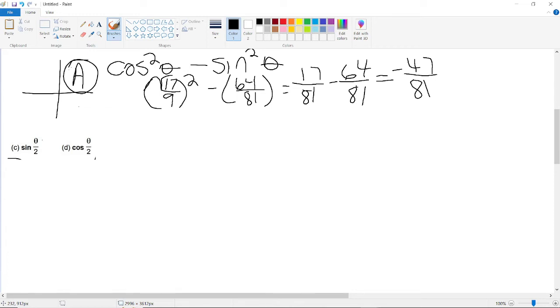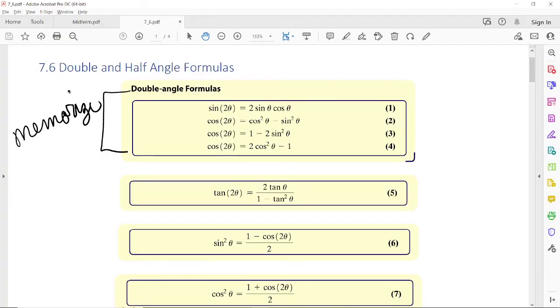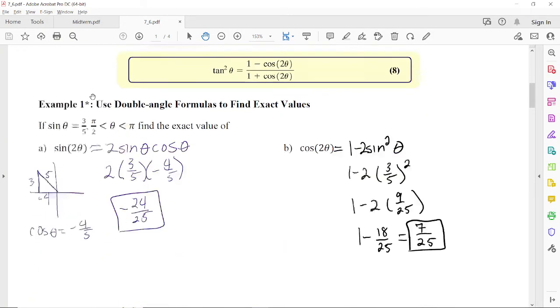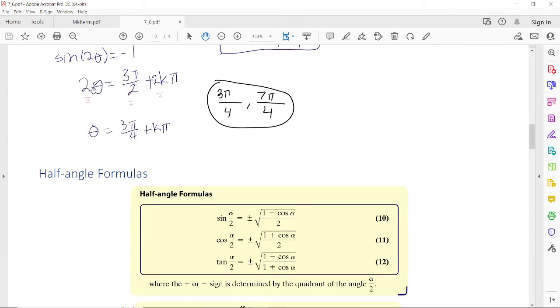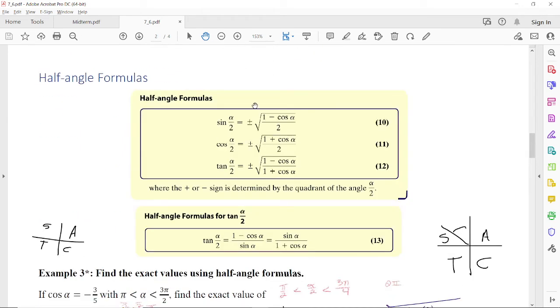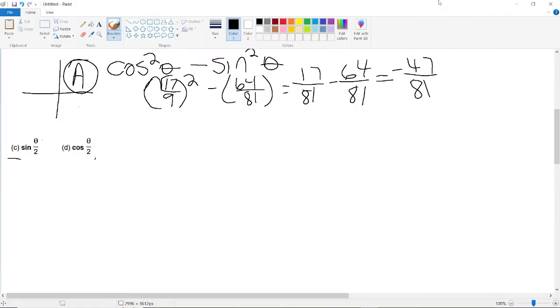And in this case, the half angle is in the first quadrant. All right, sine of pi over 2, we have a formula, and we're going to use the positive square root. This one is square root of 1 minus cosine theta over 2.